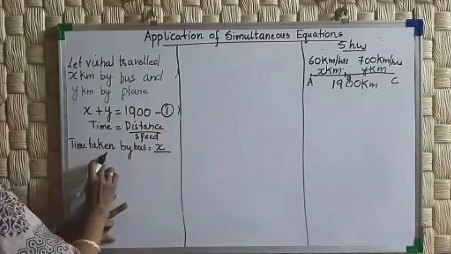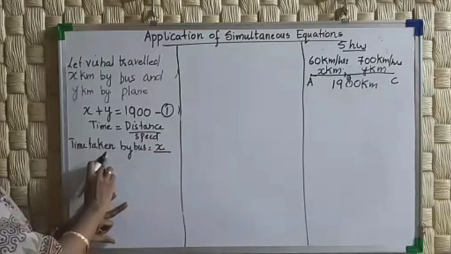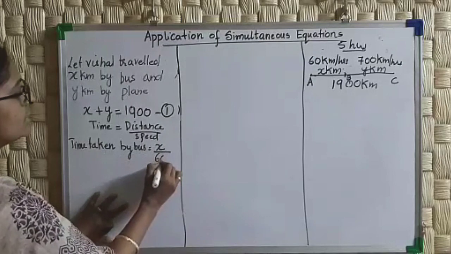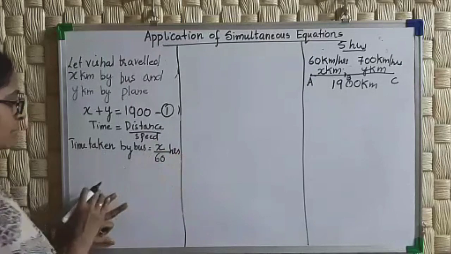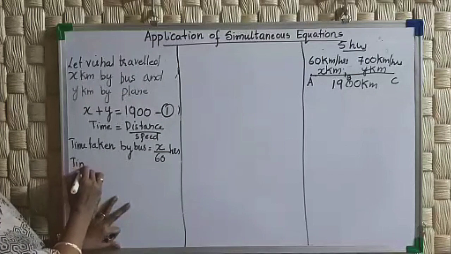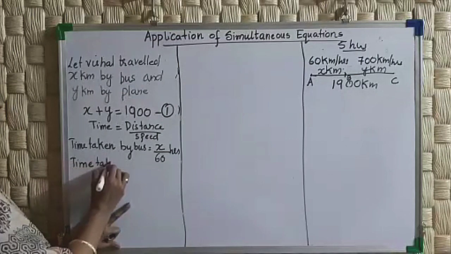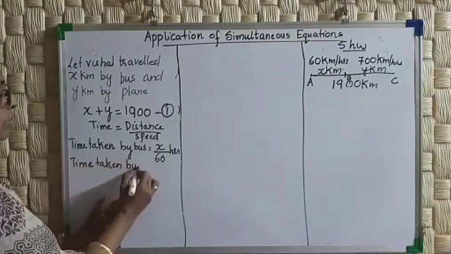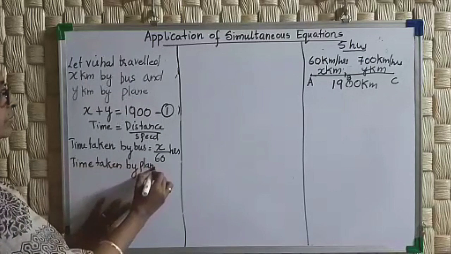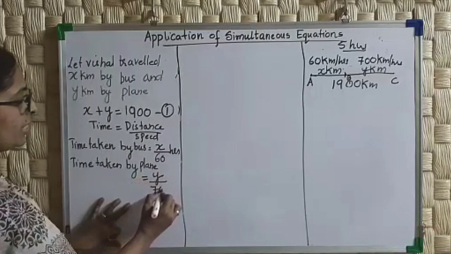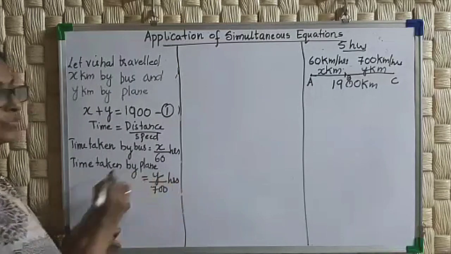So the time taken while travelling by bus will be X upon 60 hours. Similarly, the time taken by Vishal while travelling by plane will be Y upon 700 hours.